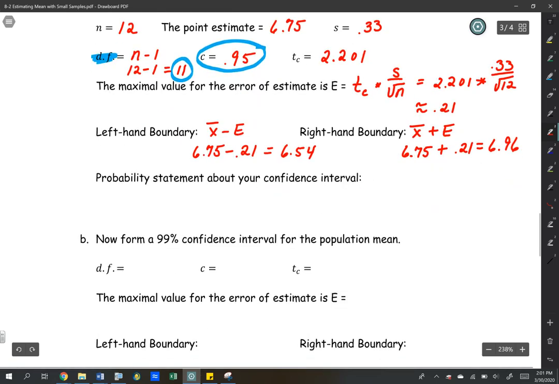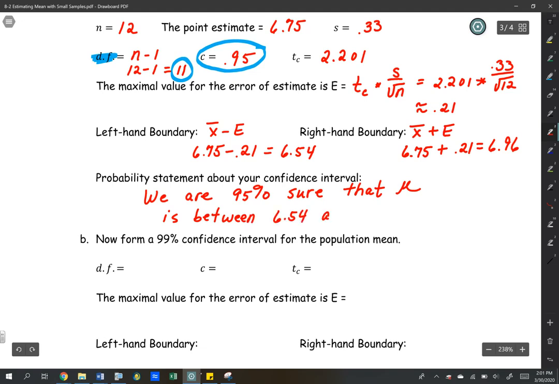So we're going to write our probability statement. We are 95% sure that the population mean is between 6.54 and 6.96 carats.